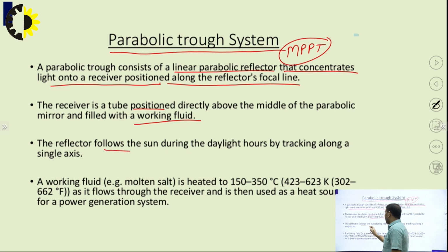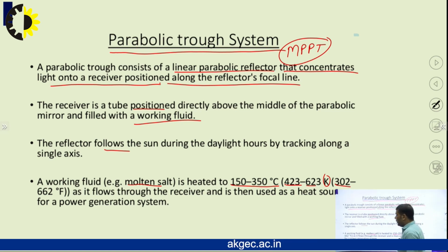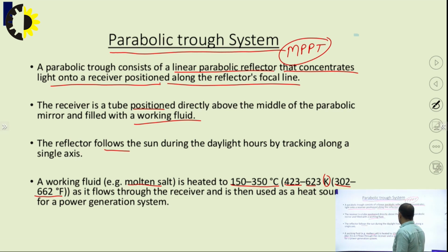The reflector follows the sun during daylight hours by tracking along a single axis, and a working fluid, for example molten salt, is heated to 150 to 350 degrees Celsius, or 423 to 623 Kelvin, or 302 to 662 Fahrenheit, as it flows through the receiver. It is then used as a heat source for a power generation system. So this is basically how the parabolic trough system works.